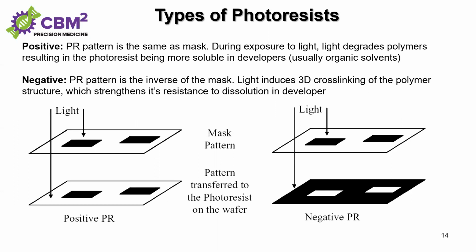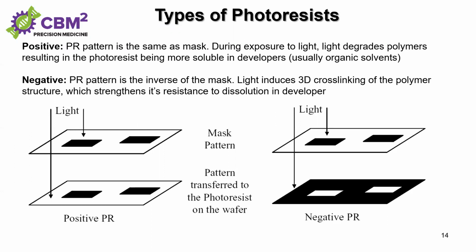Again here, this is the mask pattern. Light cannot penetrate through the black area, while light can transmit through this white area. So this part of the resist will be broken, so it can easily be developed by putting it into a developer, and the patterns in this area will remain.